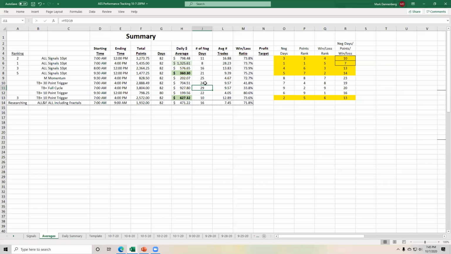So it's the highest number of losing days. It's the lowest win-loss ratio, 33.8%, which means that you're going to kind of slug your way through 66, 67% of your trades being losing trades, and that can be very taxing emotionally. However, the overall daily profit production is 927 points.